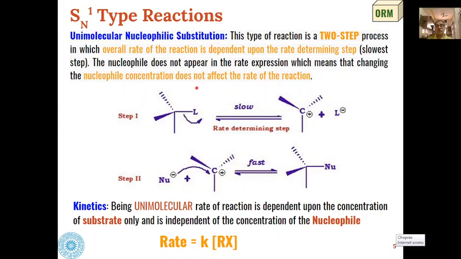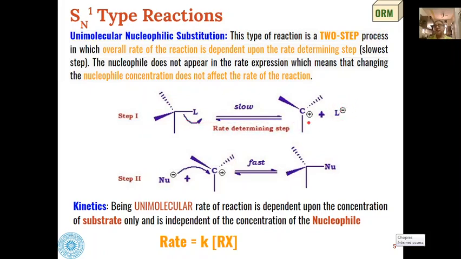This unimolecular nucleophilic substitution reaction takes place in two steps, and out of these two steps, one step is a slower step and the other step is a faster step. In the first step, the substrate slowly gets converted into a carbocation and a leaving group anion.